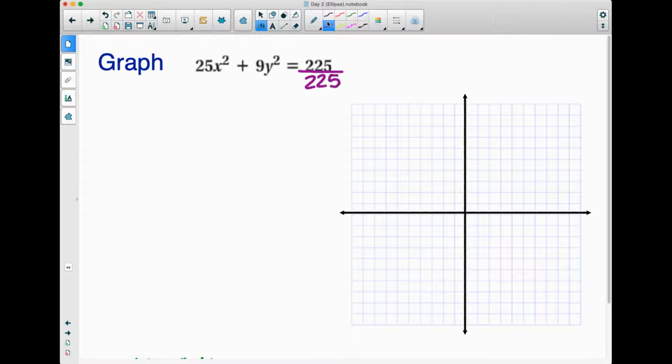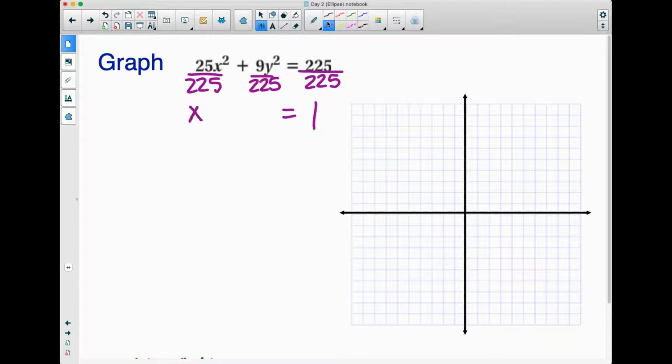So if we divide by 225, that's why I said at the beginning, one of the main things you need to focus on is that this needs to be set equal to 1. Now, if you divide this out and it doesn't look like we need it to, then that's a different scenario. But 25 over 225 and 9 over 225 both reduce. So what is 25 over 225 reduce to? 1/9.